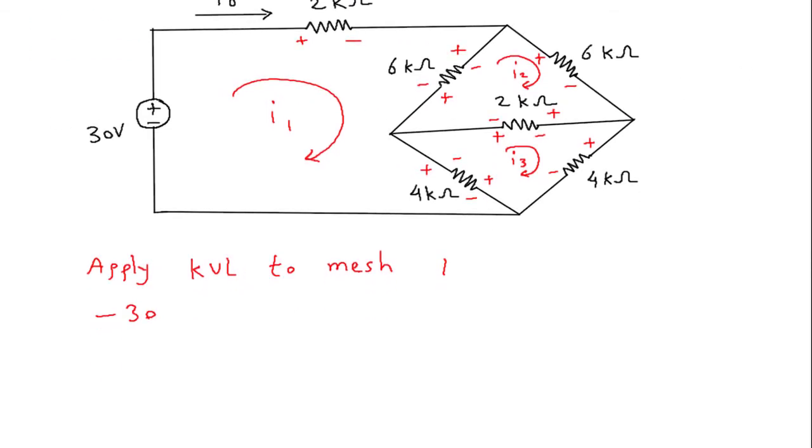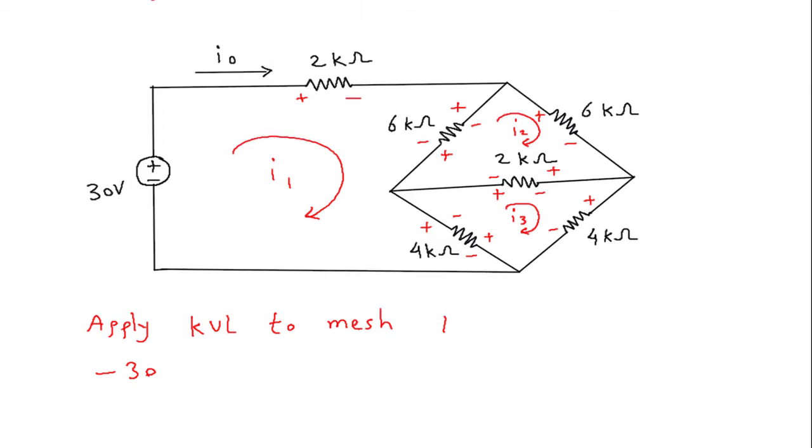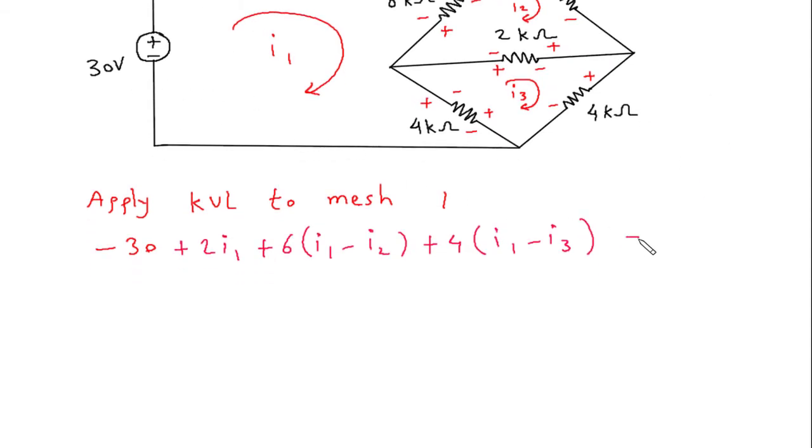So this will be minus 30, then plus 2 I1, then plus 6 I1 minus I2, then plus 4 I1 minus I3, is equal to 0.